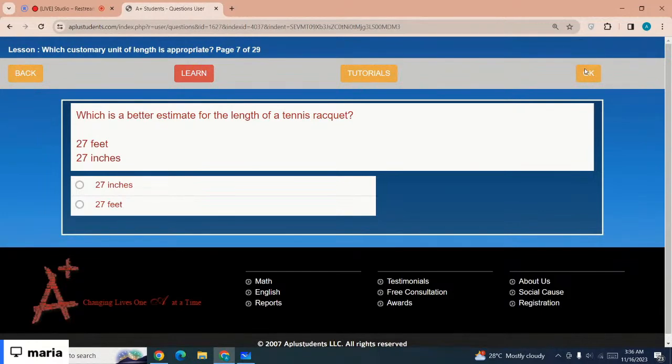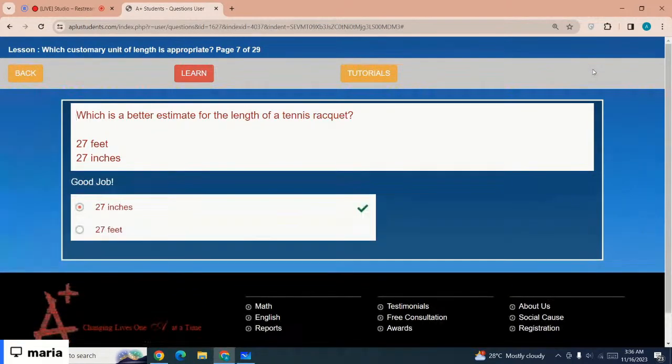Which is a better estimate for the length of a tennis racket? 27 feet or 27 inches? Which is the correct option? That is 27 inches, because 27 feet is too long.